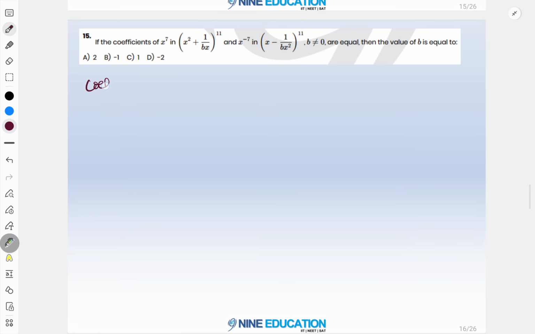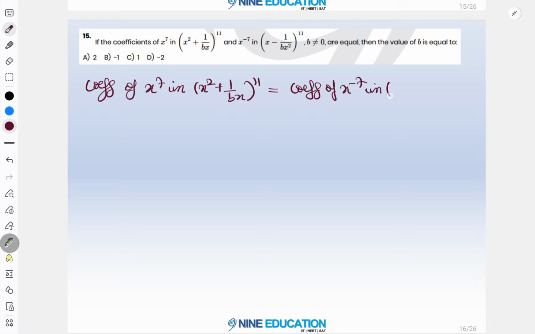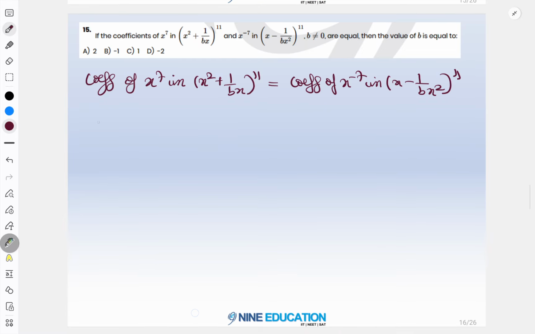The coefficient of x^7 in (x squared plus 1/(bx))^11 is equal to the coefficient of x^(minus 7) in (x minus 1/(bx squared))^11. Then find the value of b, that is the question. So for the coefficient of x^7, we need to calculate, so write the general term first.